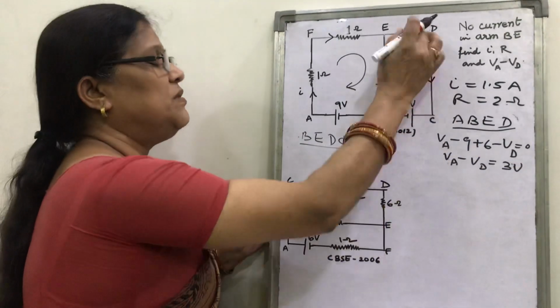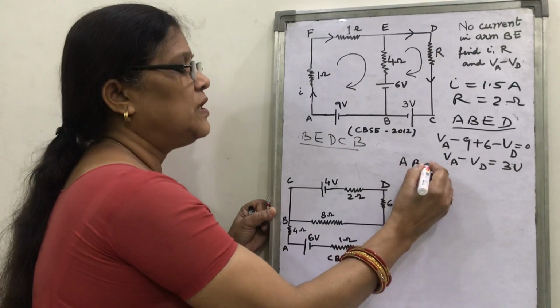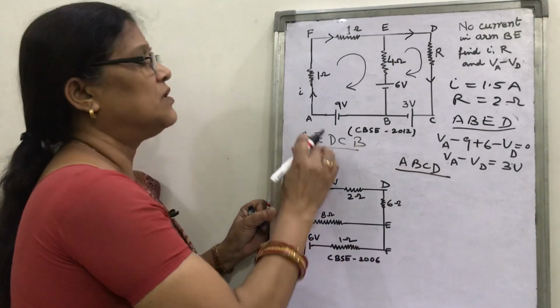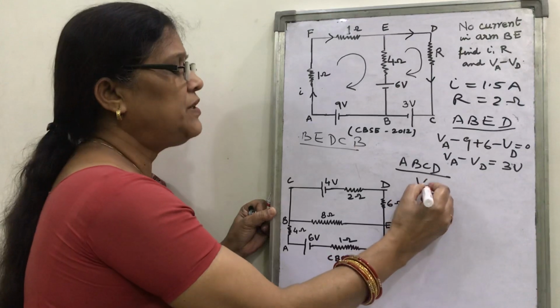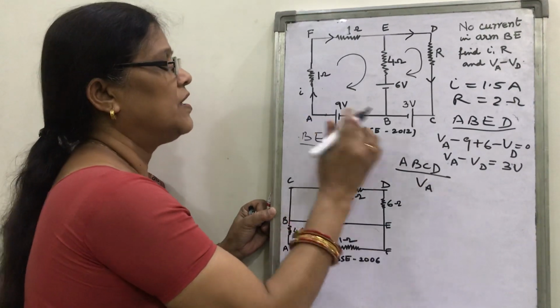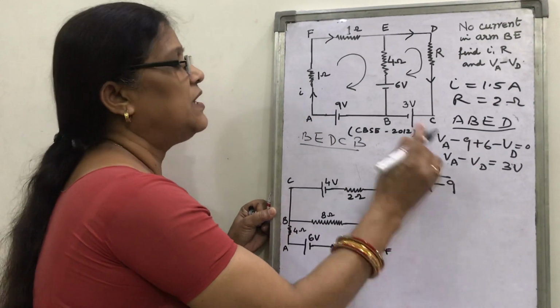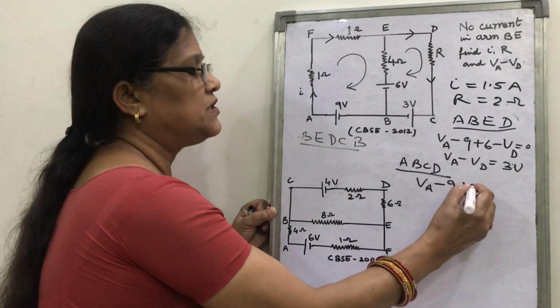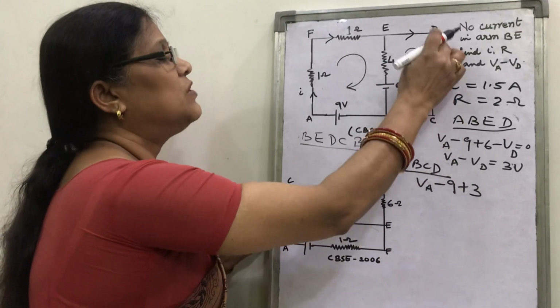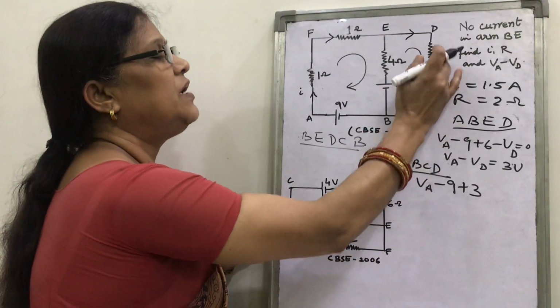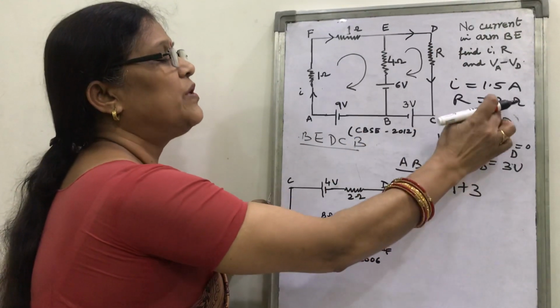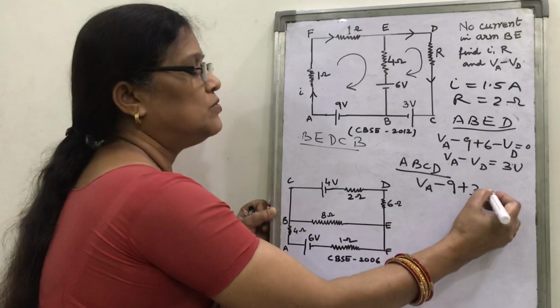Similarly, from ABCD, next path is ABCD. Through this path, look here, ABC, begin with A, VA, this is minus 9, this is plus 3, and what is this? This current is I, and we are going against the current, so I into R. I is 1.5, R is 2, so what is this?